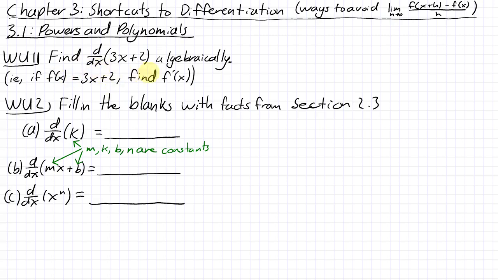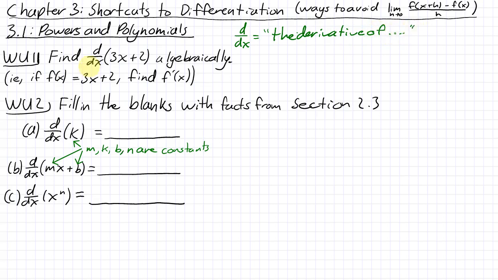So remember, finding a derivative algebraically means using the definition of the derivative, meaning the limit of the difference quotient. Also, just a reminder, the d over dx means the derivative of whatever's after it.